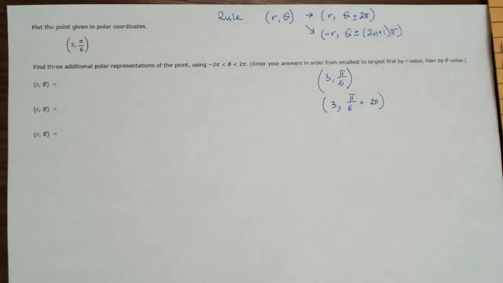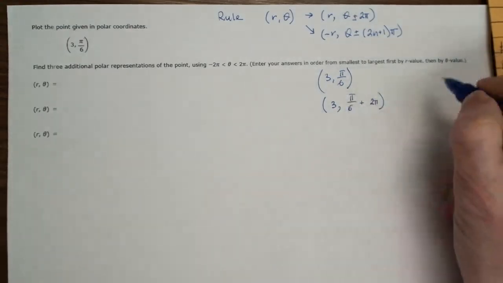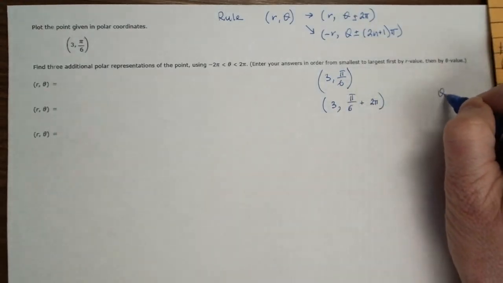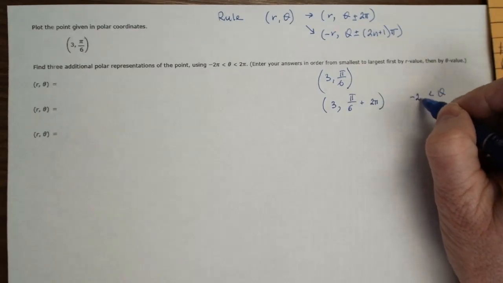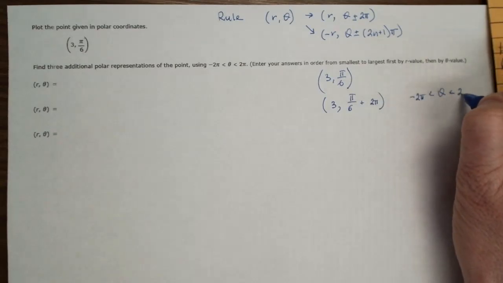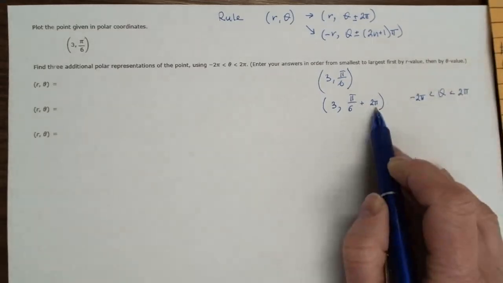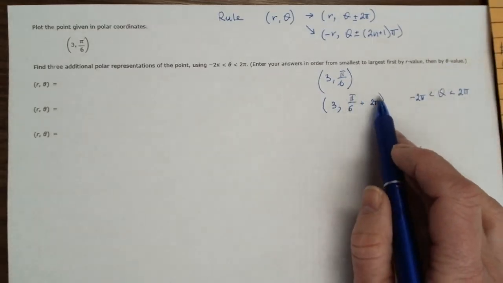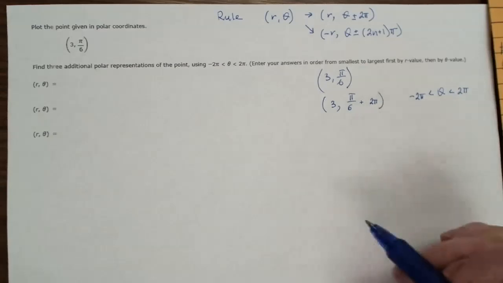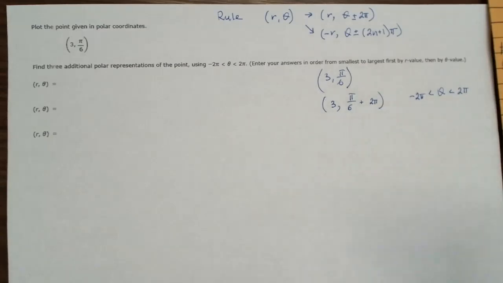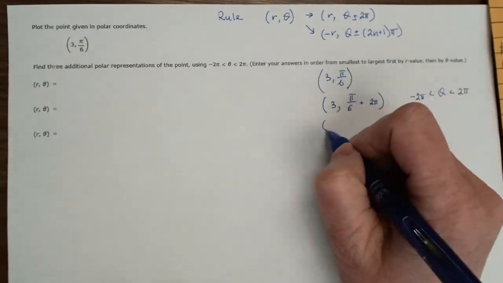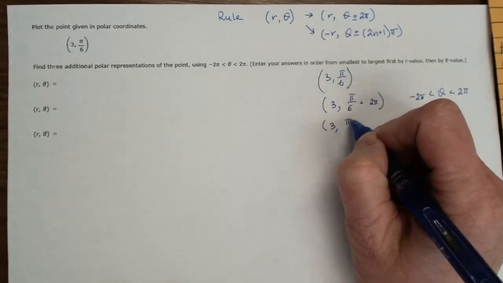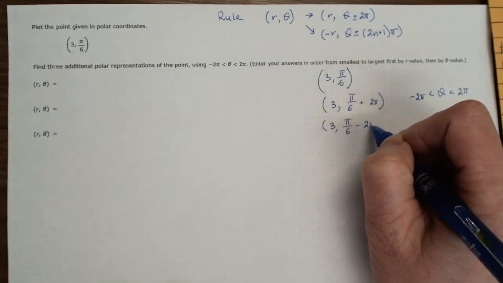But we should remember that our angle theta should be between negative 2 pi and positive 2 pi. If we add to a number something greater than 2 pi, it will be too big. So we don't need to do it. Next one, 3, pi over 6 minus 2 pi.